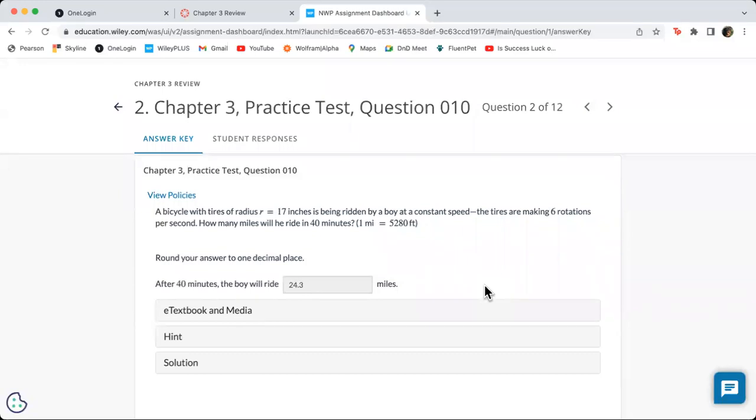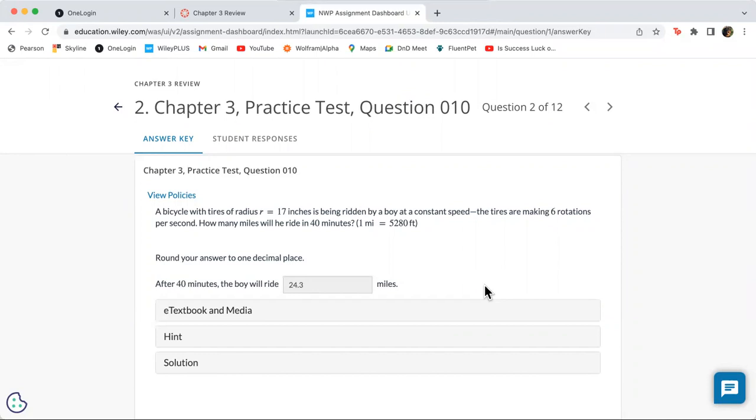We had a similar question in the review, problem number 2. We have a bicycle with tires of radius 17 inches being ridden by a boy at a constant speed.